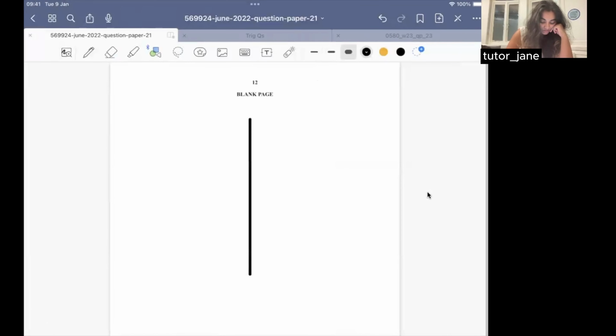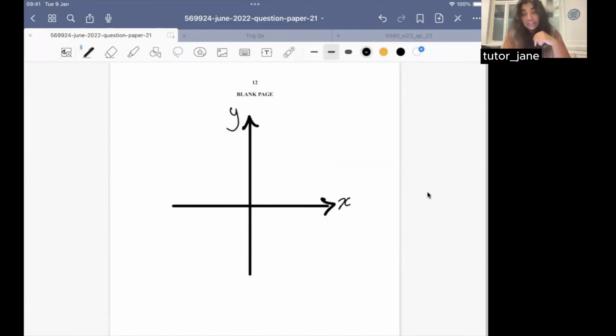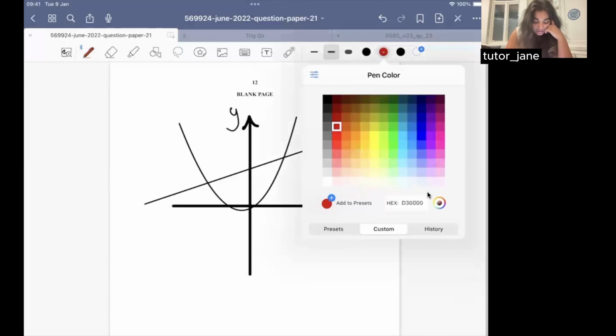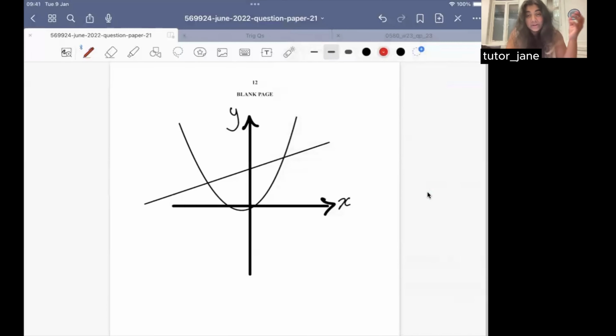Let's say you had x and y. So if I draw a parabola like this, and I'll also draw a line like that. I don't know what the equation for this graph is.